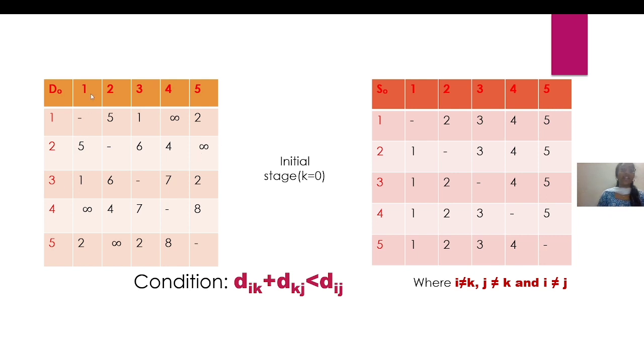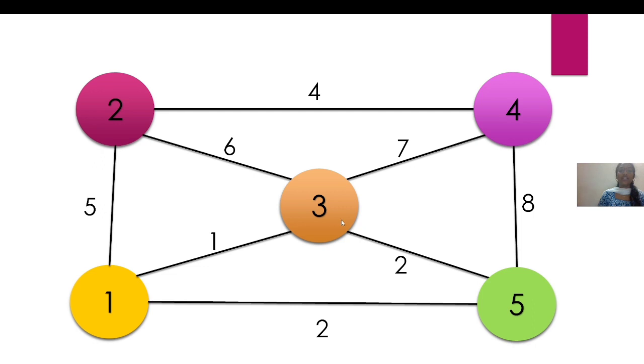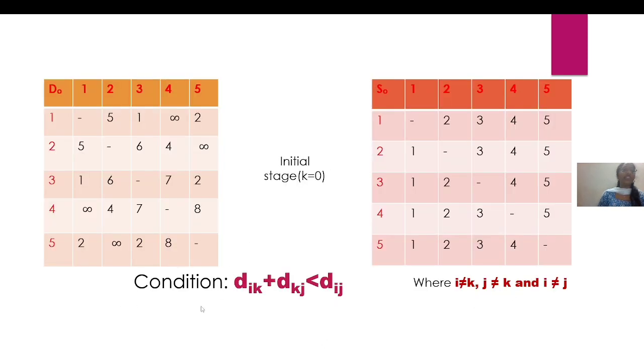Now 3 to 1, the edge weight is 1, 3 to 2 it is 6, 3 to 4 it is 7 and 3 to 5 it is 2. So similarly it is filled in the third row. 4 to 1 there is no direct edge, so we have put infinity. 4 to 2 it is 4, 4 to 3 it is 7 and 4 to 5 it is 8.